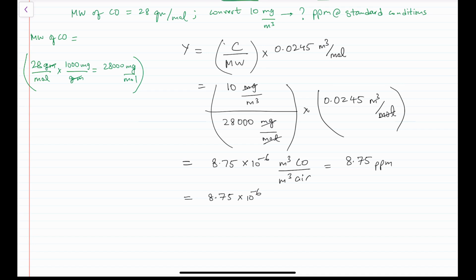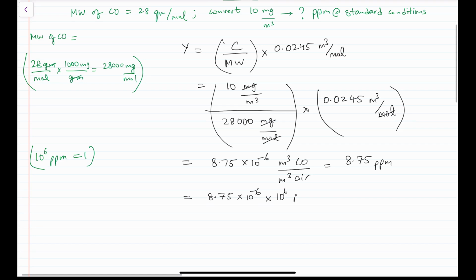Now recall that 10 to the power 6 ppm is equal to 1, right? So I can multiply this by 1, which is 10 to the power 6 ppm, I just said.